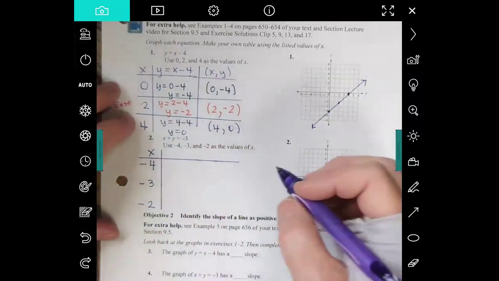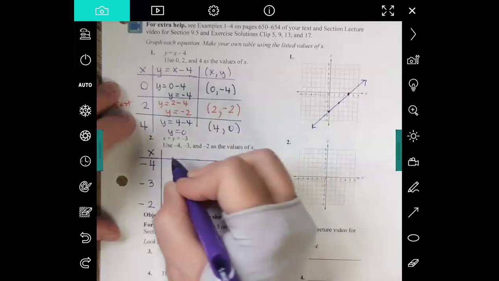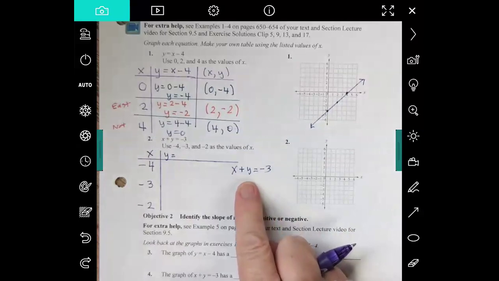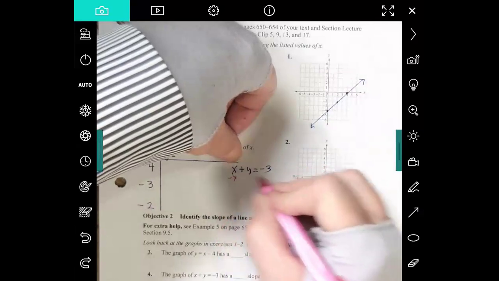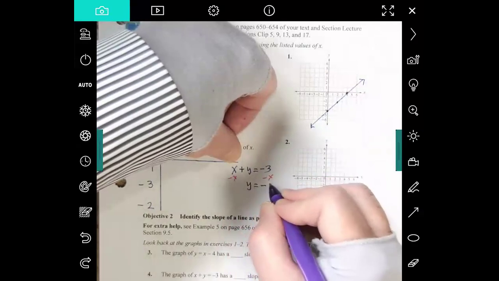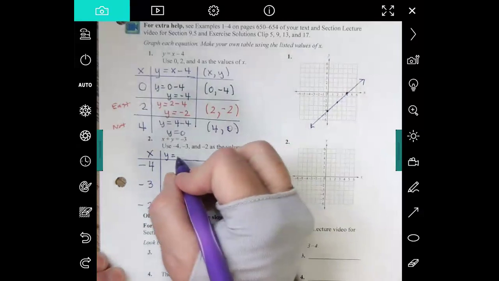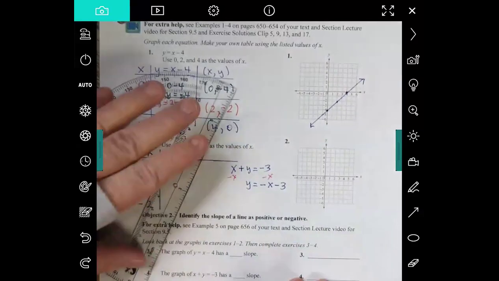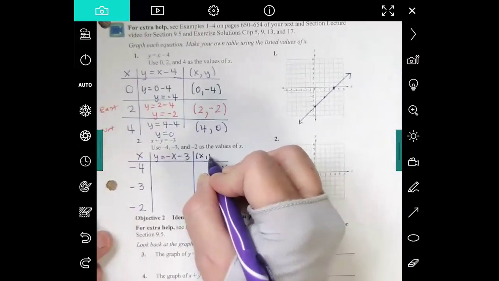I want to look at this equation, x plus y equals -3. And if this is supposed to tell me what y is equal to, I'm going to use my algebra skills to solve this for the y. I'm going to subtract the x off of both sides. You know how to do this already. So y is going to be -x minus 3. So that's what I'm going to use right here. Y is equal to -x minus 3. You don't have to do that. I just think it's a little better. And then we're going to have our point at the end.